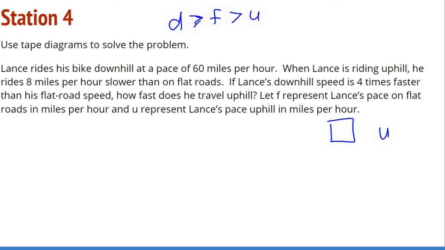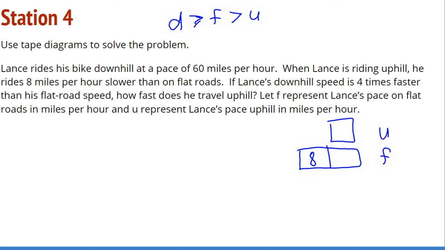And let's see, it says he is 8 miles per hour slower than on flat roads. So his flat roads are going to be everything he's got going uphill, but he's also got 8 miles an hour more. So that's on the flats. And it says his downhill is 4 times faster than his flat roads.